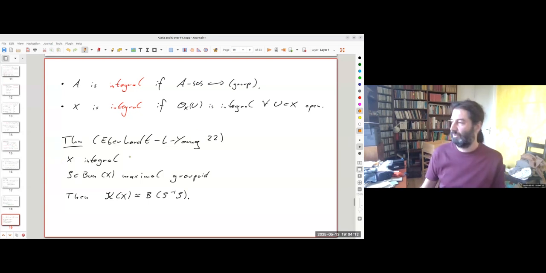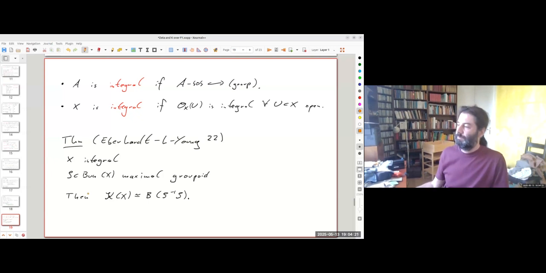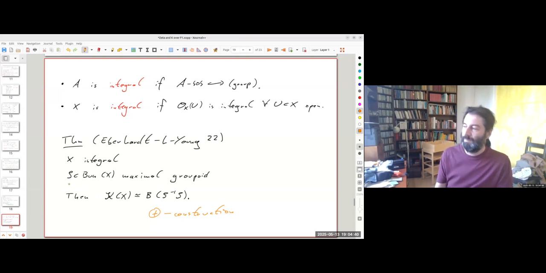And under these assumptions, X being integral, first of all, the K-theory spectrum is equal to the plus construction. So this here is the plus construction, another construction of K-theory. Namely, this is abstractly really easy to say.